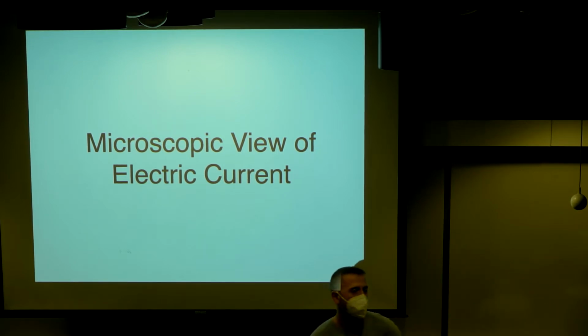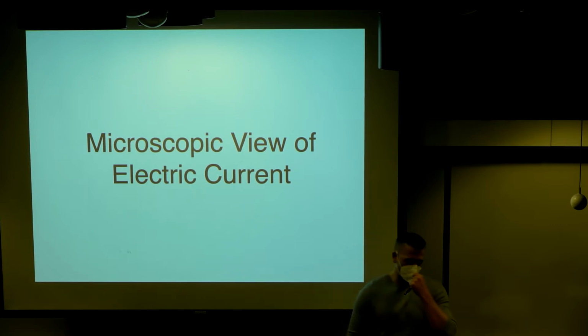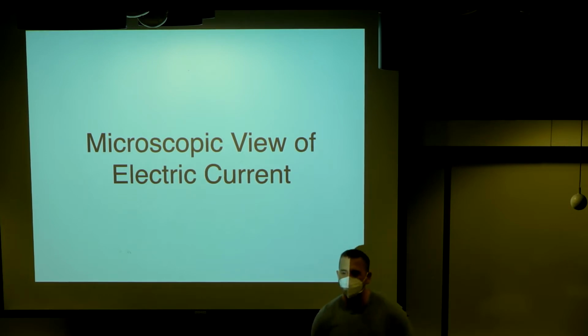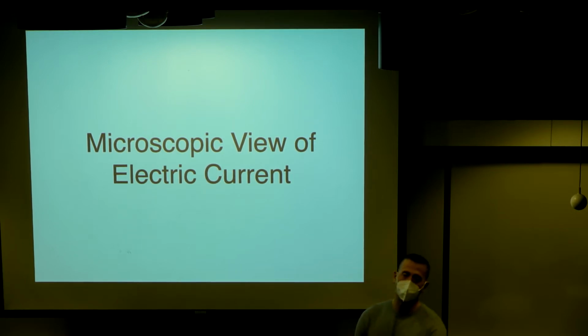Now let's talk about the last topic in this lecture, which is the microscopic view of electric current. So all we've done so far is come up with some formulas that describe some very simple things like the relationship between voltage and current, and the relationship between voltage, current, and power in an electrical circuit.